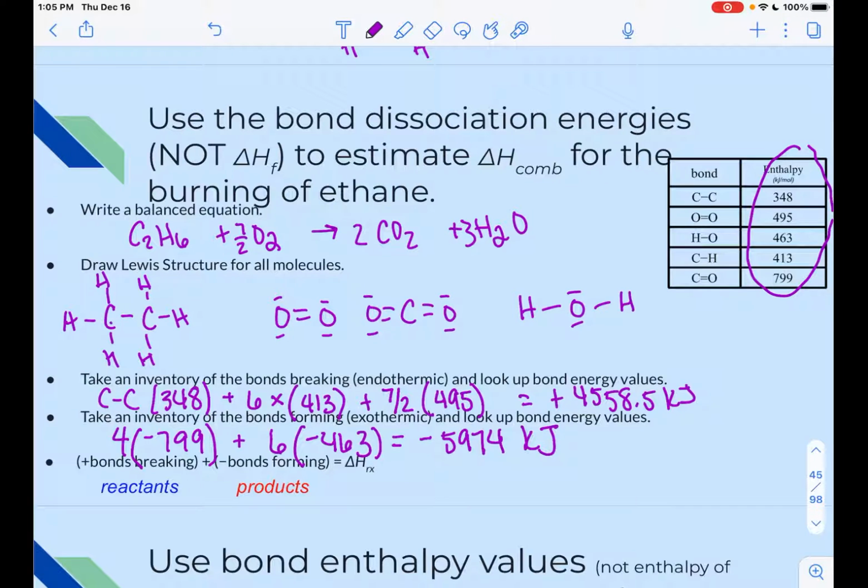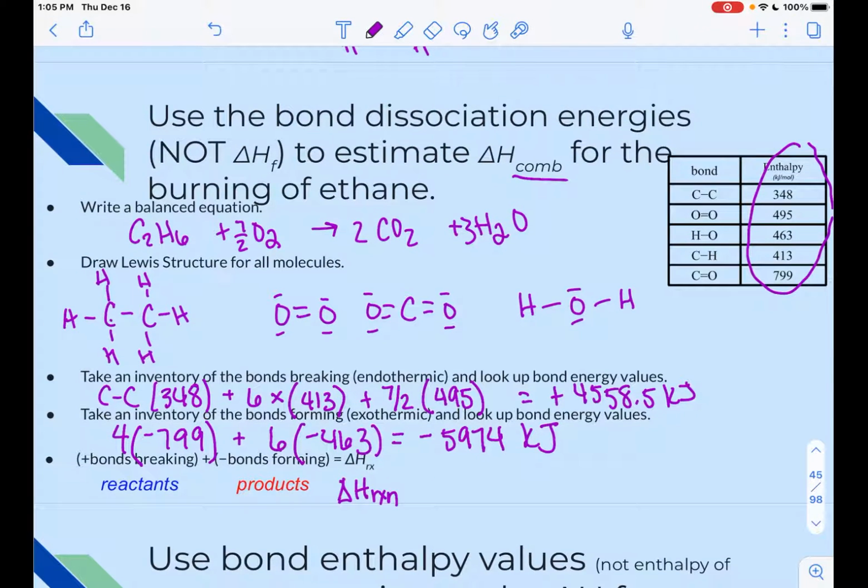So all you have to do now is add those together. So the delta H of the reaction, which is also delta H of combustion because it's a combustion reaction, is going to be the bonds that you are breaking with a positive value plus the bonds that you are forming. So that's why we have a negative value there.